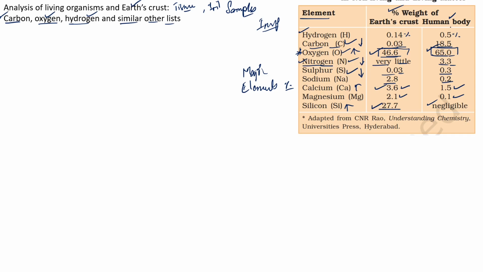And similarly, if you compare with the human body, try to remember the highest values. As you can clearly see, carbon, oxygen, and the next one is nitrogen, the three clear winners for our remembering. The highest quantity is oxygen, the second is carbon, and the next highest is nitrogen. And in the case of the human body, if you try to remember the least constituents, you can see that silicon is the least constituent.